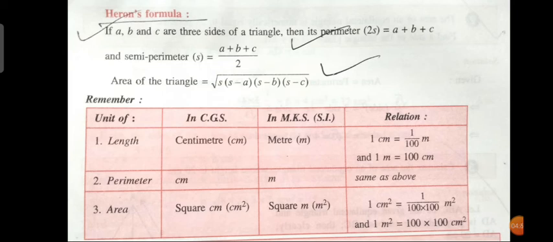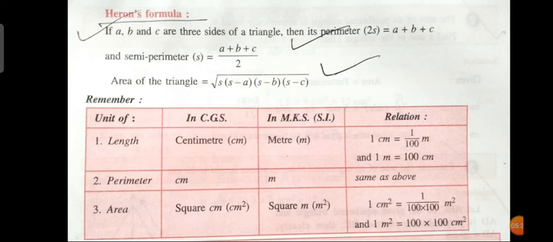From 2s equals a plus b plus c, dividing both sides by 2 gives s equals a plus b plus c by 2. Then the area of the triangle is the root of s into s minus a into s minus b into s minus c.